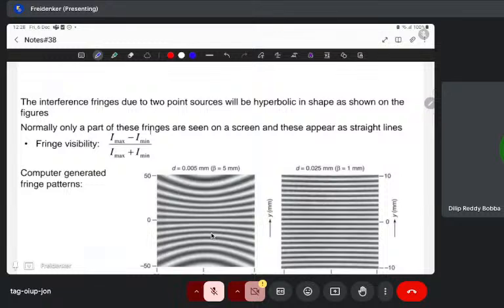What if these two intensities are same? Then fringe visibility is zero. Okay. So if maxima intensity and minima intensity are same, visibility will become zero. Why is that the case? So if fringe visibility should be non-zero, then both of them should have different intensities. Interesting.